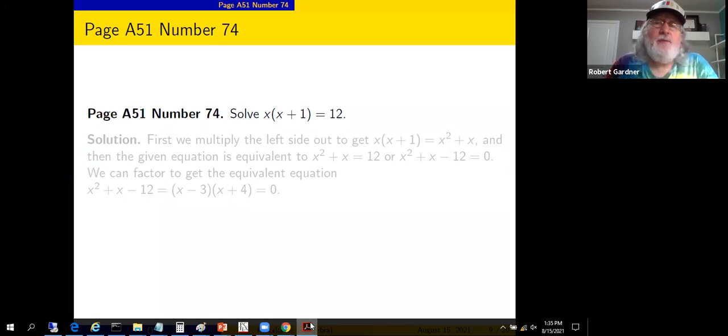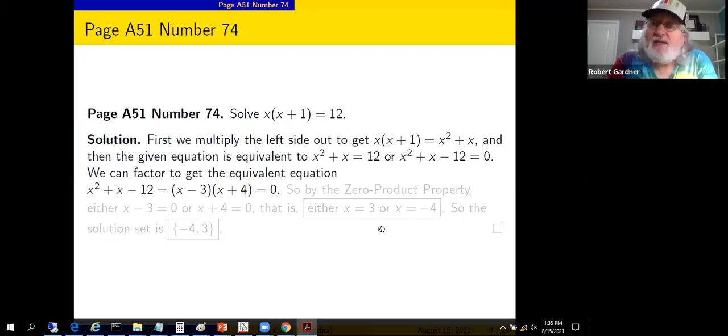Okay, solve x times x plus 1 equals 12. All right, I want to get x by itself. That's going to be a wee bit of a challenge because we're dealing with a quadratic this time. There's an x squared term when we multiply out.